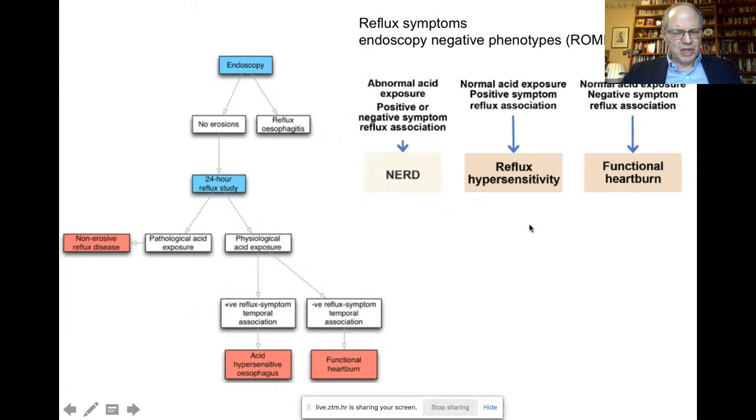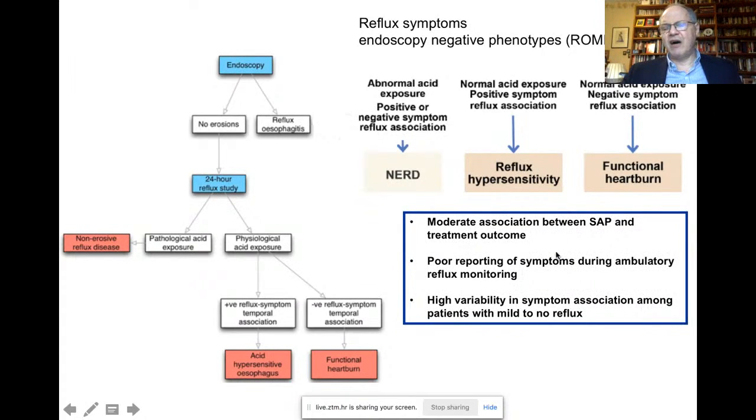It is important to realize that the diagnosis of these phenotypes is based on negative endoscopy, reflux monitoring, but also on this reflux symptom association analysis. And this analysis has some problems. One is that the SAP has a moderate association with treatment outcomes.